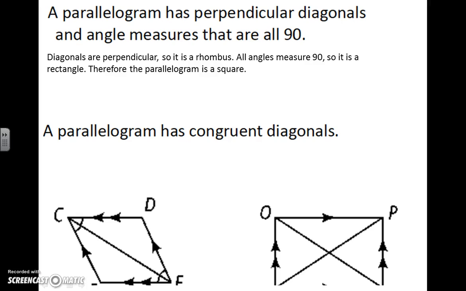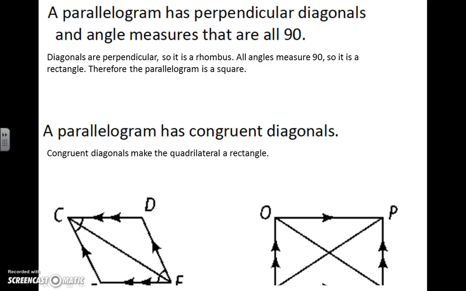A parallelogram has perpendicular diagonals and angle measures that are all 90 degrees. The diagonals are perpendicular, so it is a rhombus. All angles measure 90 degrees, so it's a rectangle. Because it's both a rhombus and a rectangle, it can be best classified as a square. A parallelogram has congruent diagonals. Congruent diagonals make the quadrilateral a rectangle.